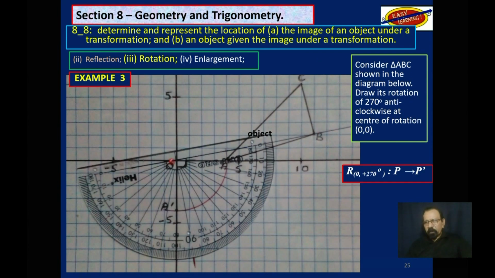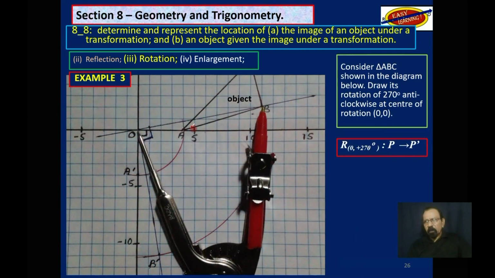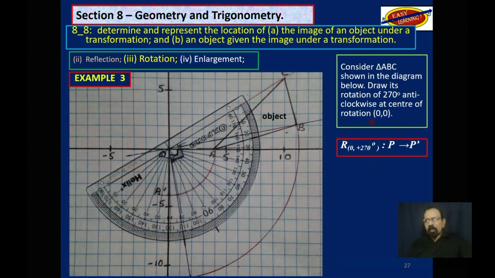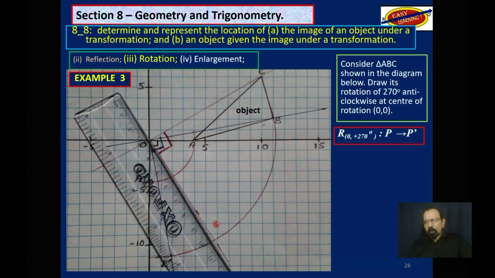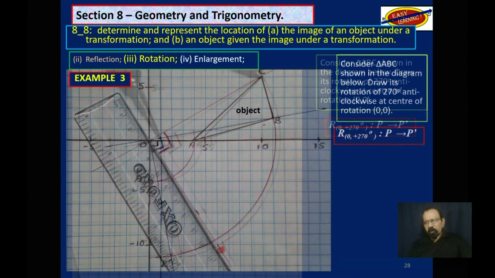Draw from B to here, measure off 90 degrees there. Do the same thing. Then draw an arc, and I get B prime from B. This one here can easily be done. I don't need to draw a line because I already have those two axes as lines, 90-degree lines. And that leaves me with C. From C to here, draw a construction line, measure 90 degrees through here, draw a line through there, and then get an arc from C to here.